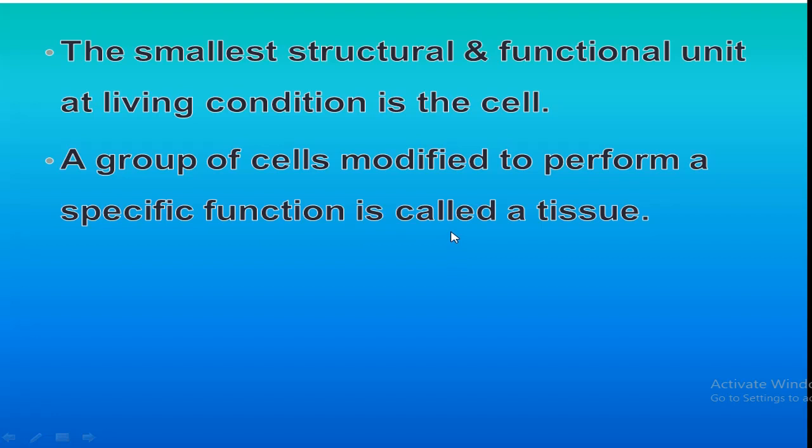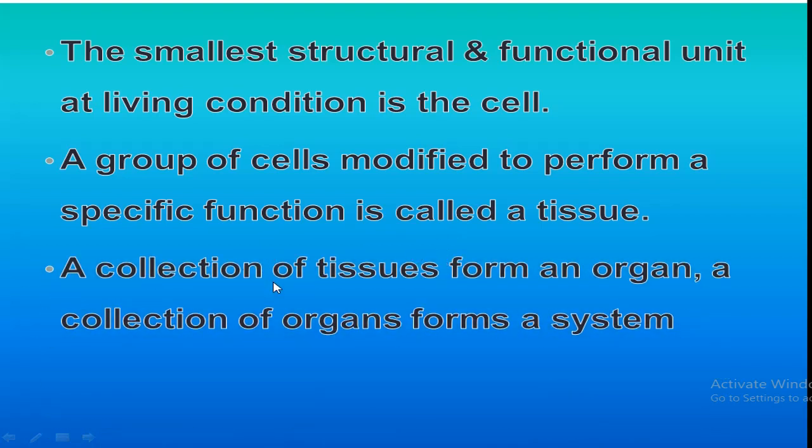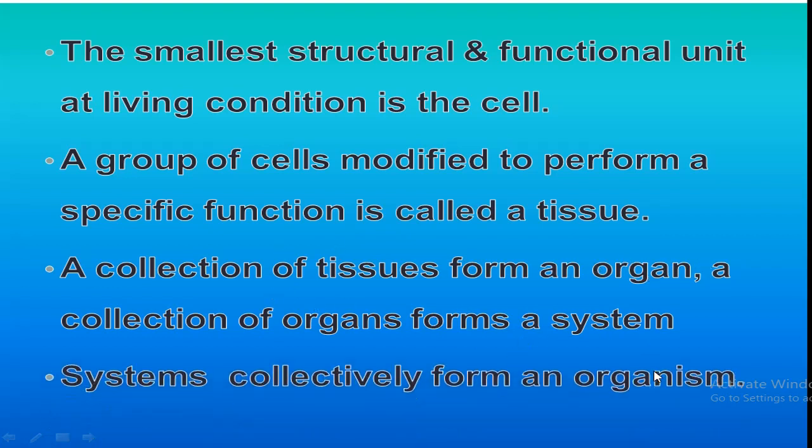The combination of a number of cells forms the tissue. A collection of tissues forms an organ. A collection of organs forms a system, and systems collectively form an organism. This is the cellular organization of the organism.